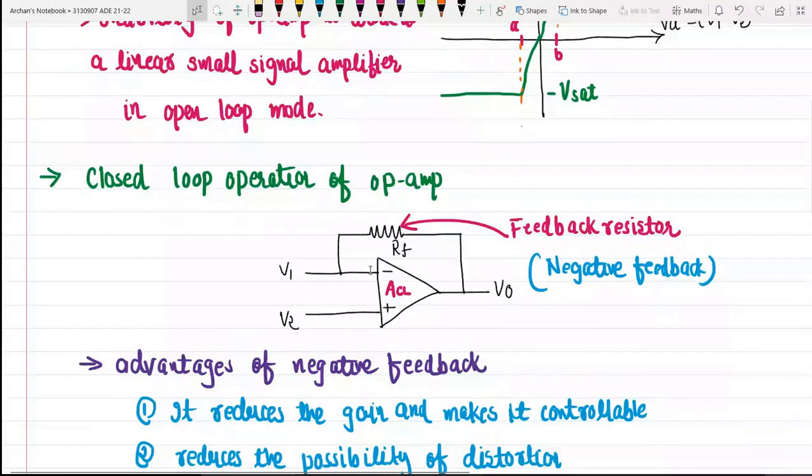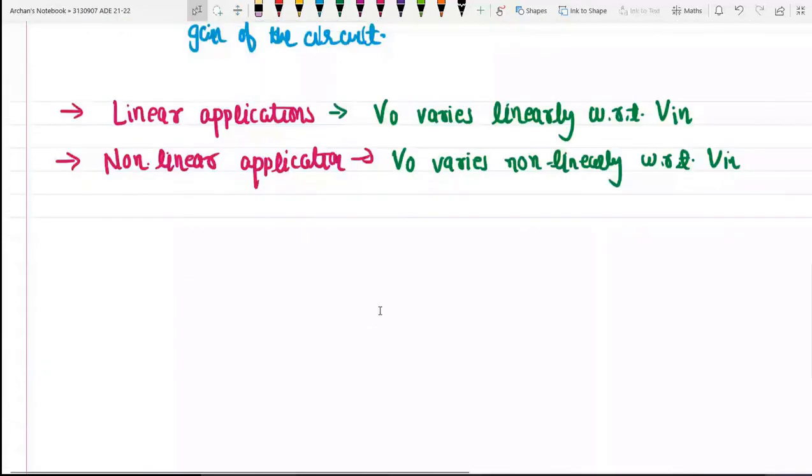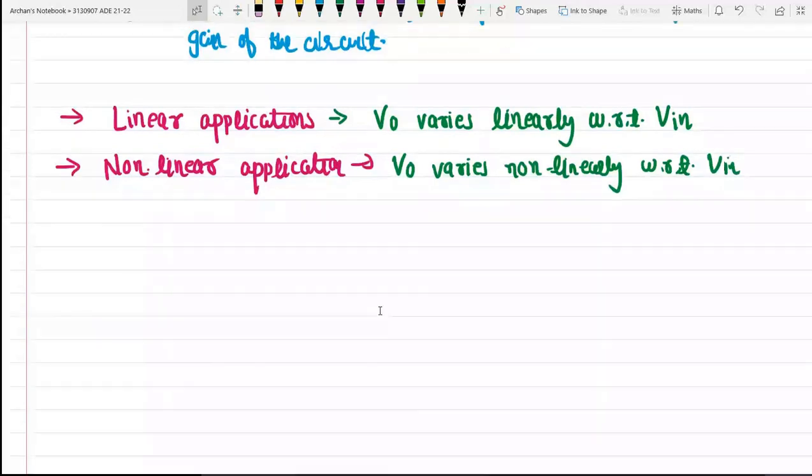But whenever we provide the feedback resistor to the non-inverting terminal of the operational amplifier, that means we are using the op amp in positive feedback configuration, we will have non-linear applications. So by seeing just the circuit diagram, you will be able to know whether we are dealing with linear or non-linear applications.